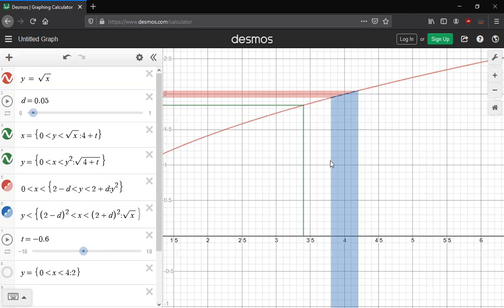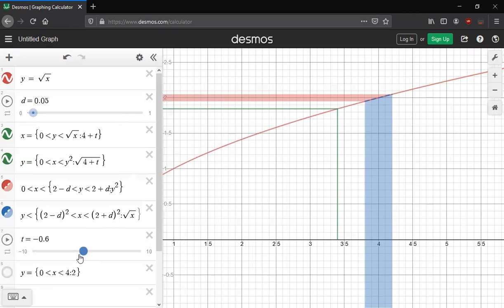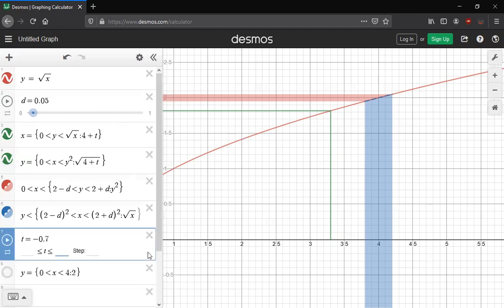So I would say that if you want to be within 0.05 of the correct y coordinate, then x has to be within 0.2 of that stopping x value. So I'm going to adjust my slider here.